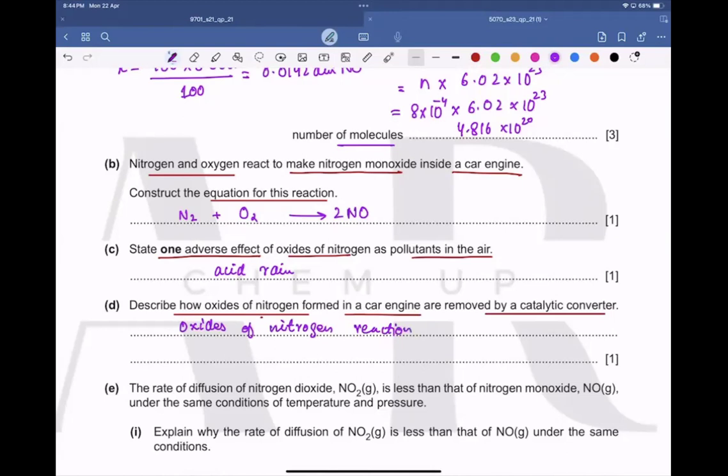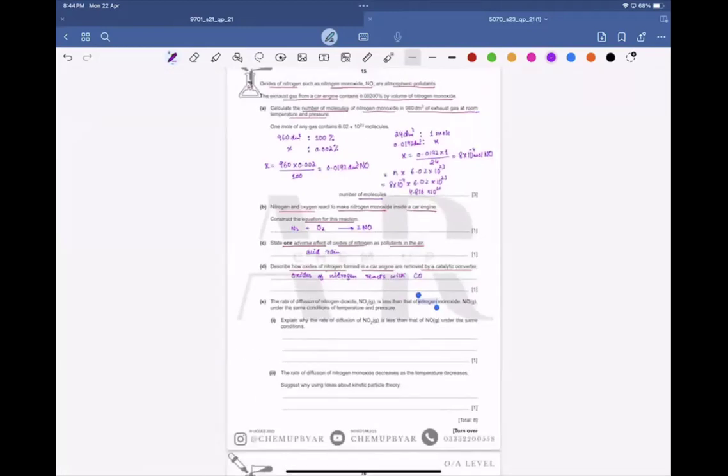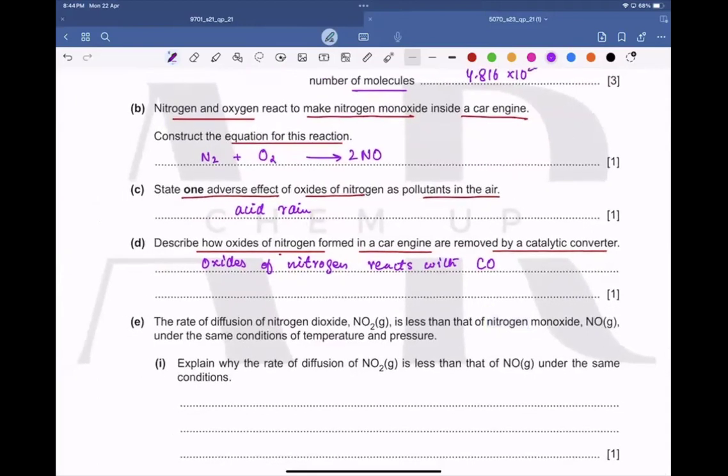Oxides of nitrogen react with carbon monoxide to form nitrogen. I hope it's clear to all of you.